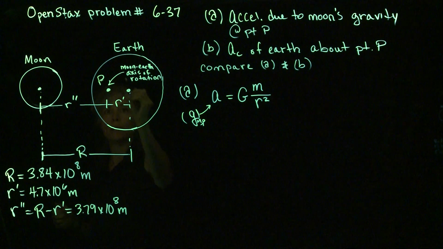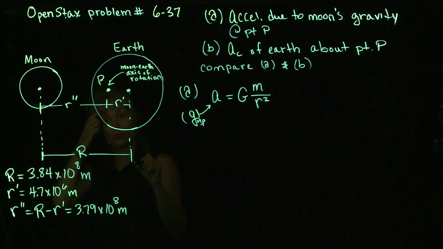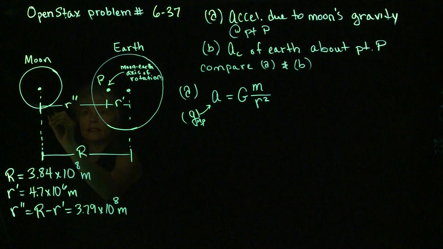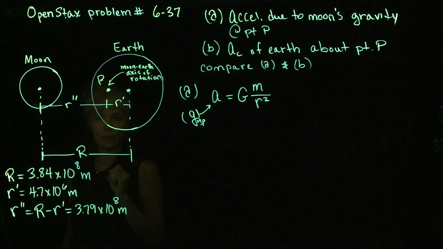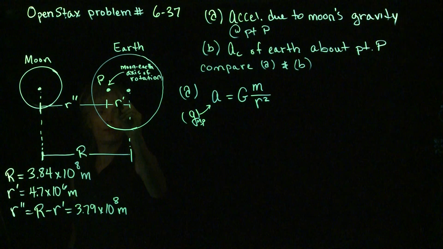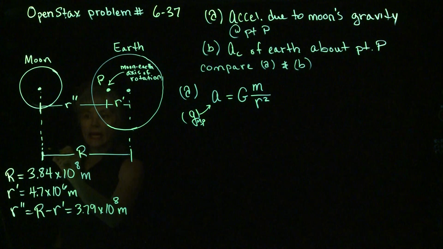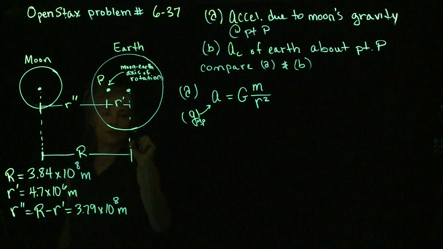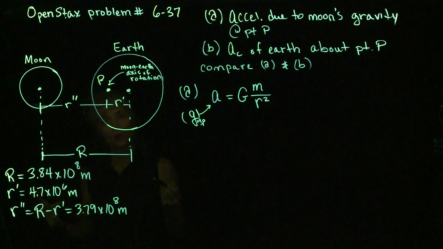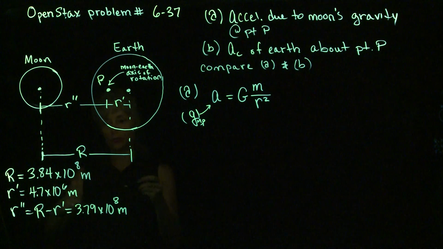So that's the point about which the earth and the moon rotate. This distance, r double prime, is the distance from the moon to point P. This distance, r prime, is the distance from the earth's center to point P. And then I'm defining big R as the distance between the center of the moon and the center of the earth. Okay, so that's how all those things are labeled.